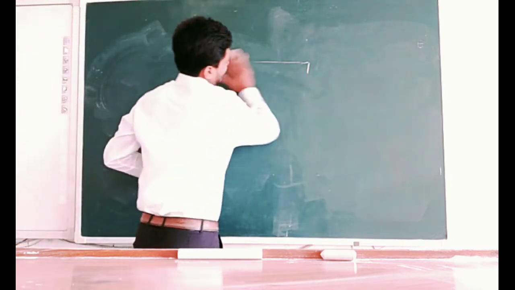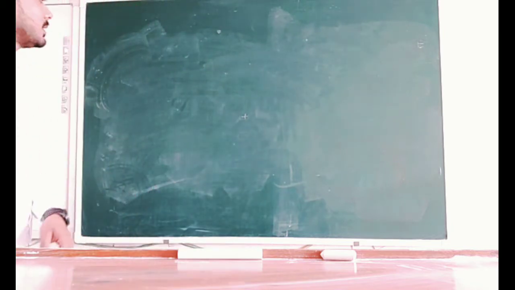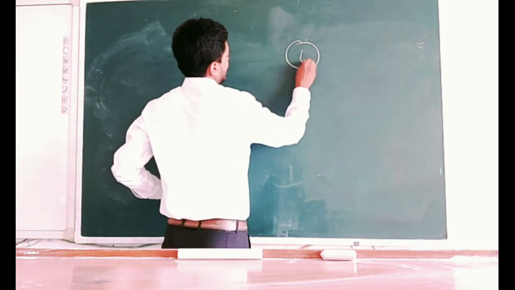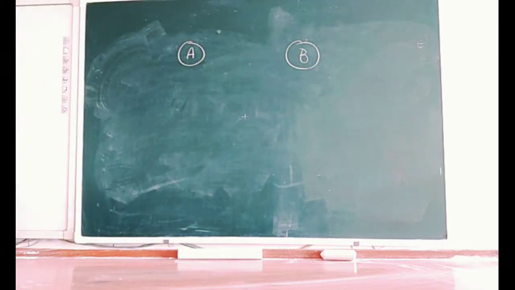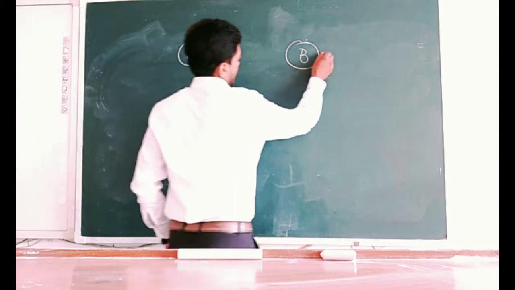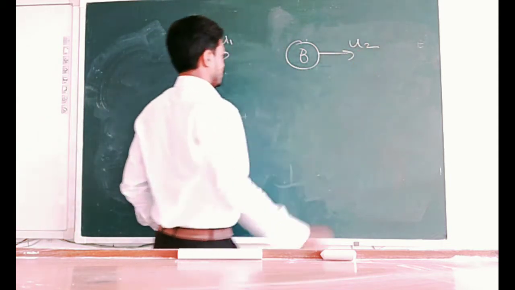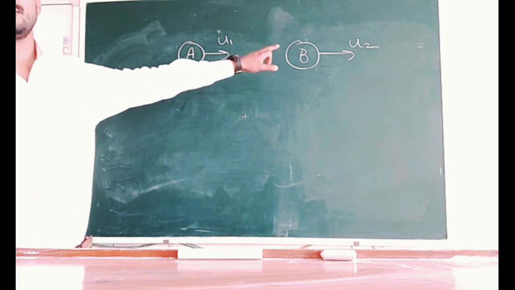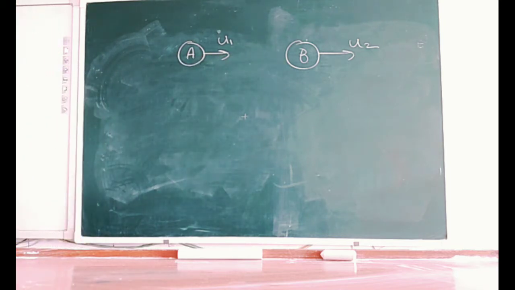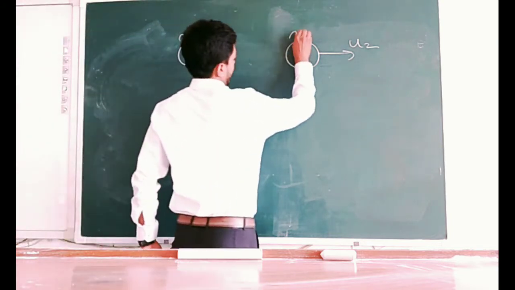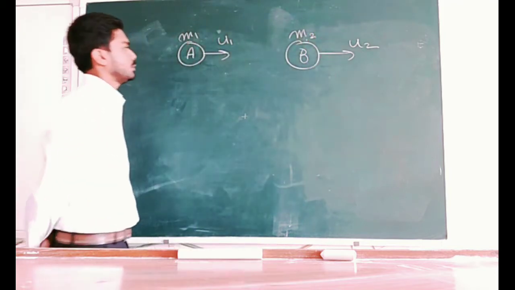Consider we have two bodies A and B. These two bodies are moving with velocities u1 and u2. Suppose the velocity of A is u1 and the velocity of B is u2, and these two bodies have masses m1 and m2.